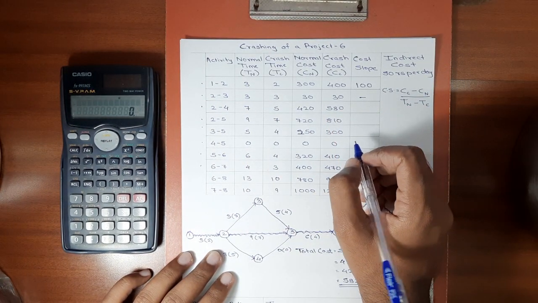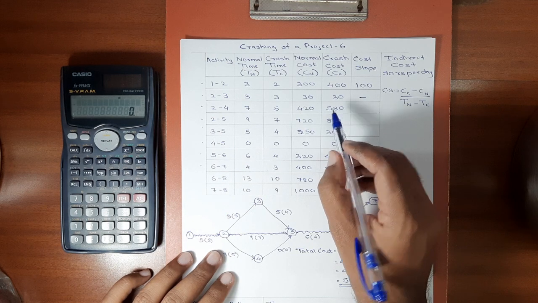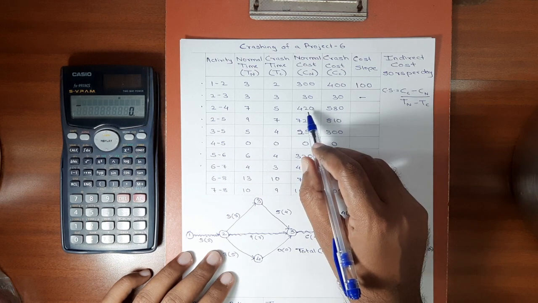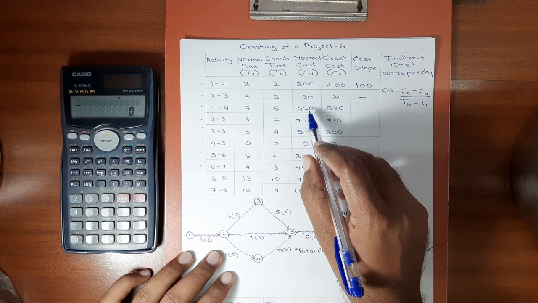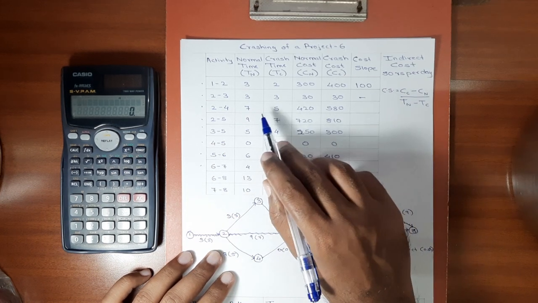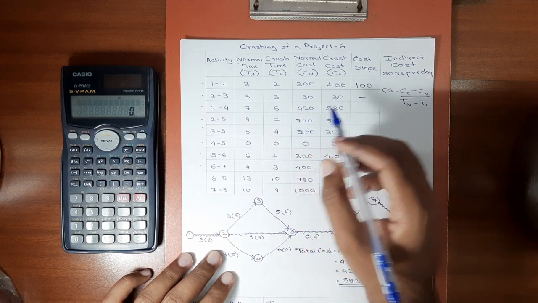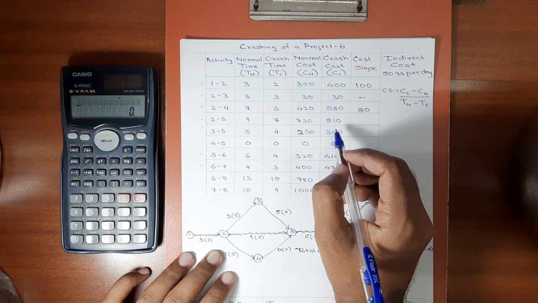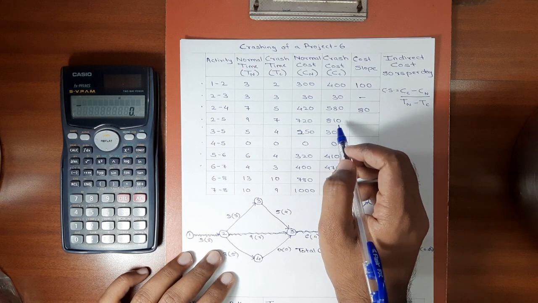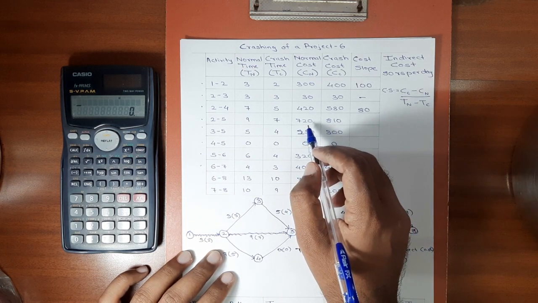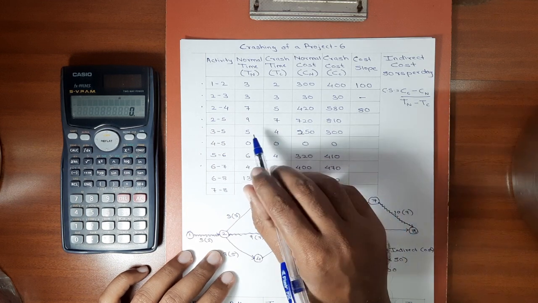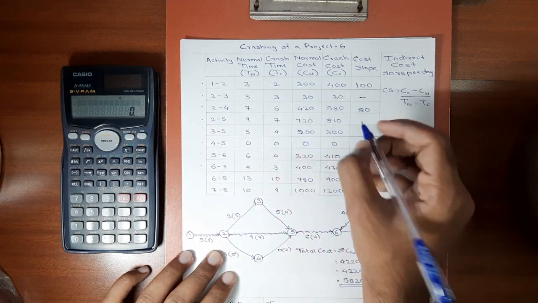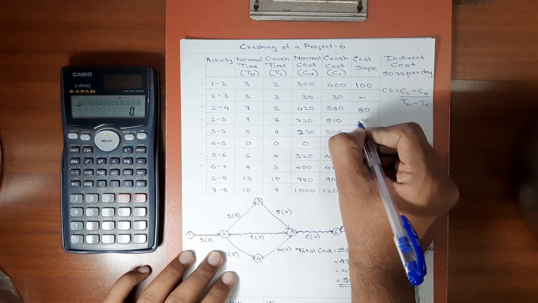For third activity, 580 minus 420, which gives us 160, divided by 7 minus 5 is 2. So 160 divided by 2 gives 80. 810 minus 720, which gives 90. 90 divided by 9 minus 7 is 2. So 90 divided by 2, we get 45.